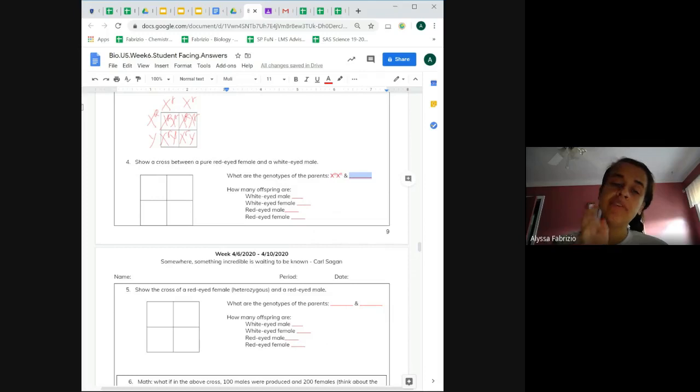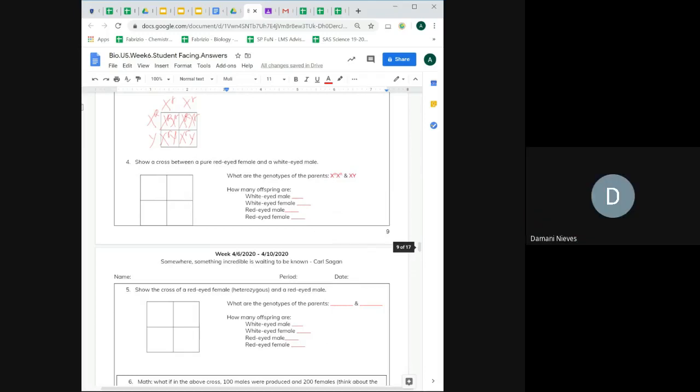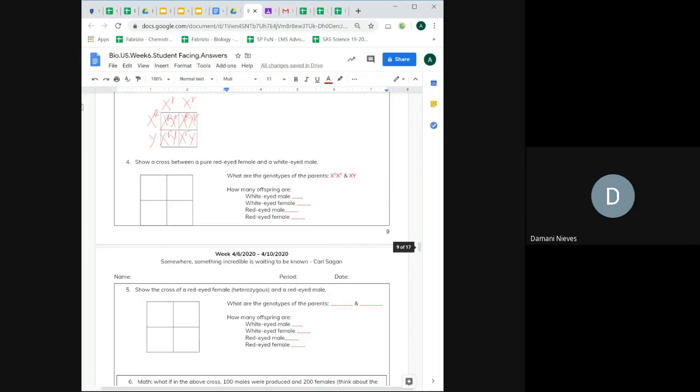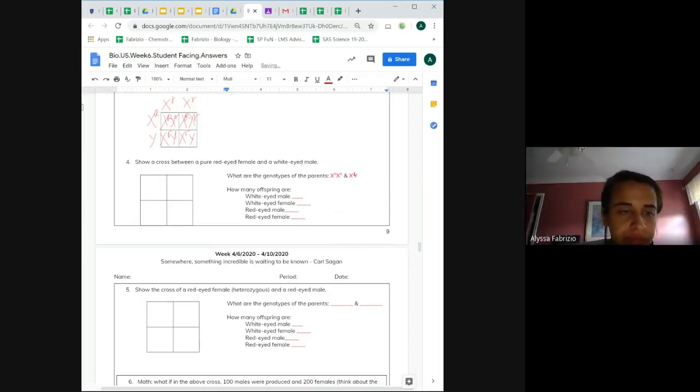Remember for males, we've got 1 X and then 1 Y, which should be capital, not lowercase. XY. And then is he going to have a capital or a lowercase r for white-eyed? Lowercase, right? Very good.